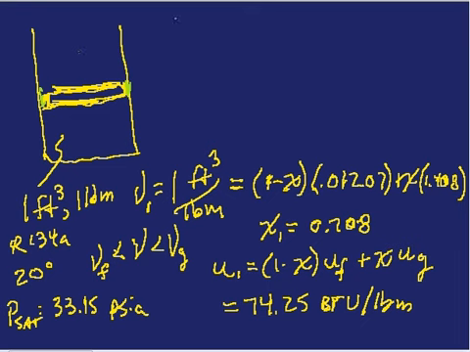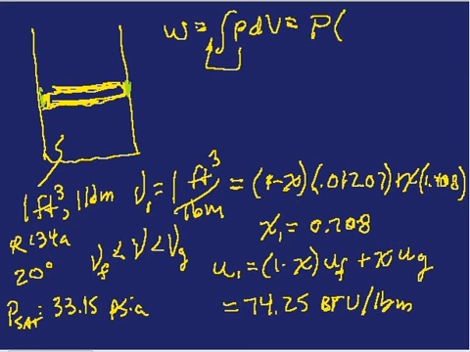P goes outside the integral, is equal to P times V2 minus V1, that's work out, equals m times P times lowercase v2 minus v1, specific volumes.